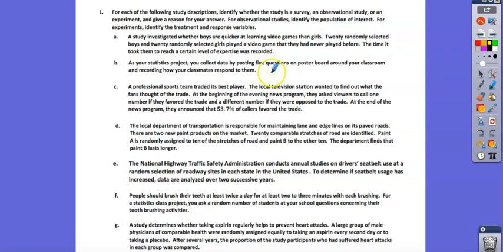For your statistics project, you collect data by posing 5 questions on poster board around your classroom and recording how your classmates respond to them.